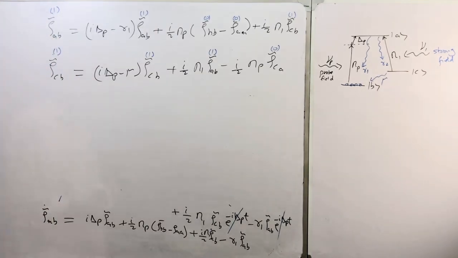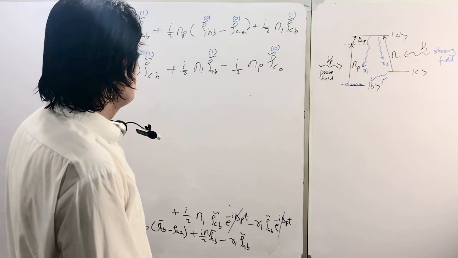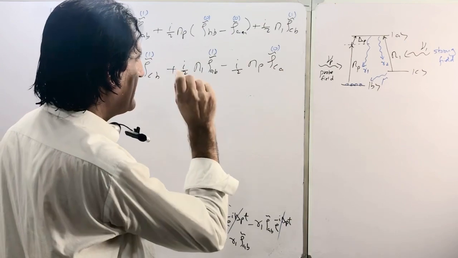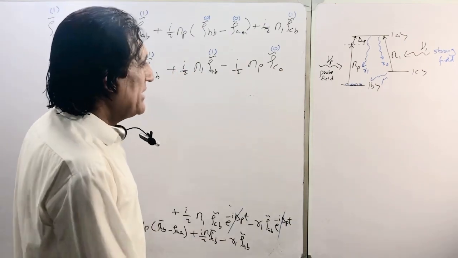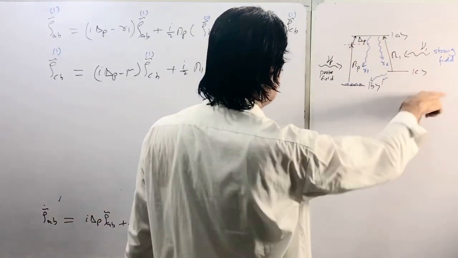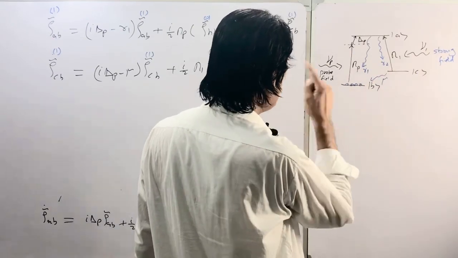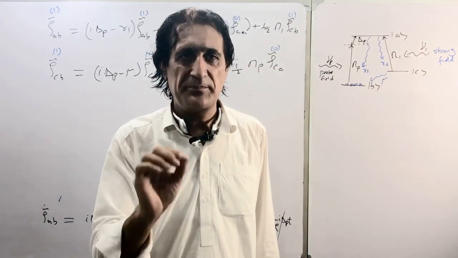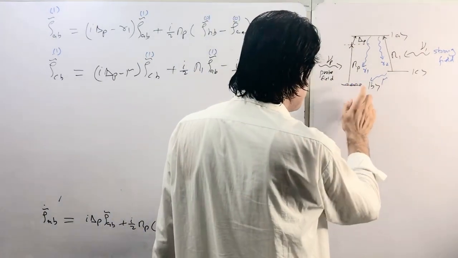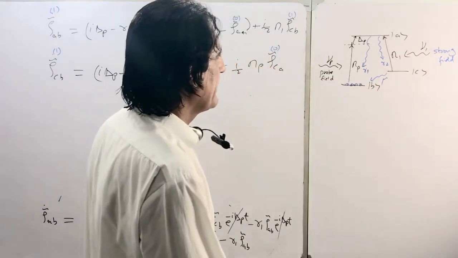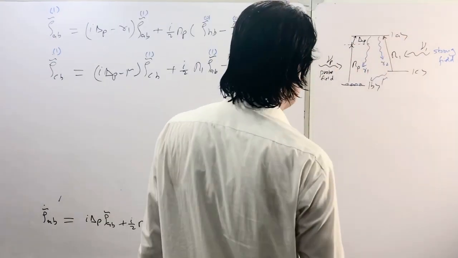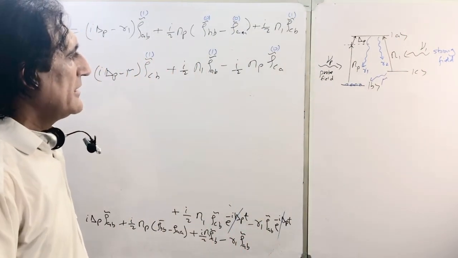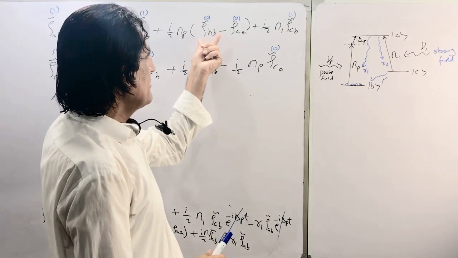Now, what is the situation? The situation is rho BB0 in the zeroth order, in the initial condition. For this EIT system, initially the atoms are prepared in the ground state. All the electrons are prepared in the ground state here in B, and there is no electron in the A and C states. So this is the initial condition, rho BB0.